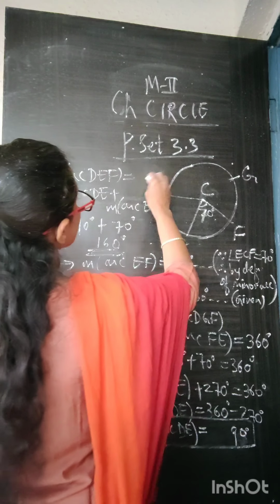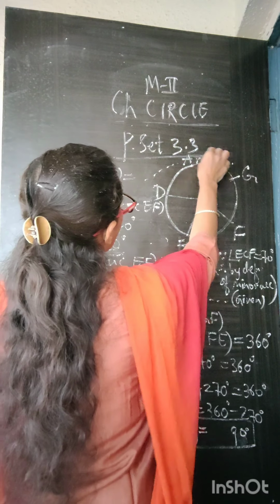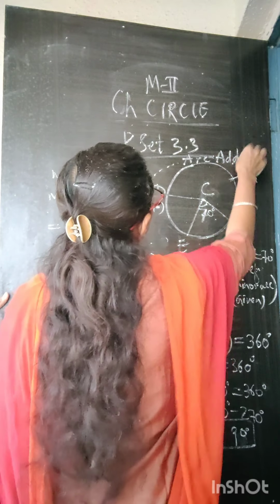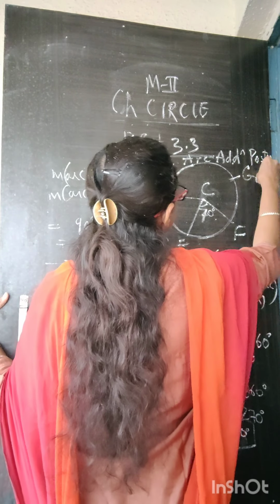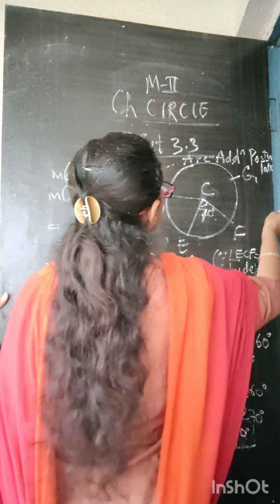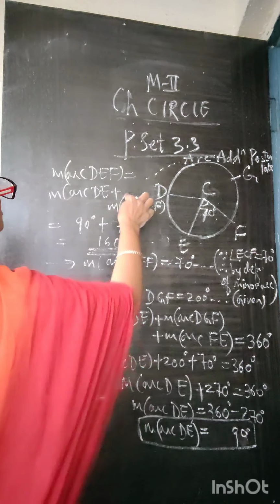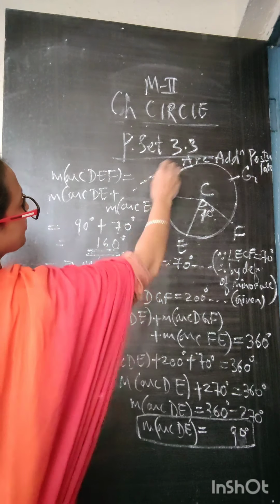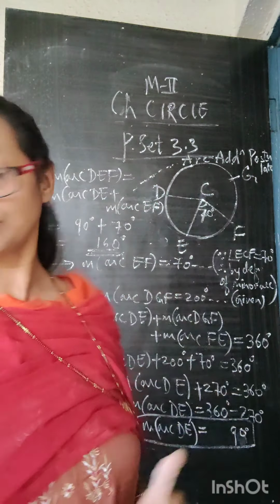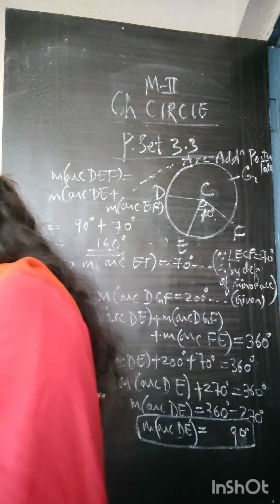What is the reason for this statement? I will write here, arc addition postulate. Okay? So this is the reason for this particular statement. I have no space, so I have written a link from here, connecting, right? So that is all. And next is second question.